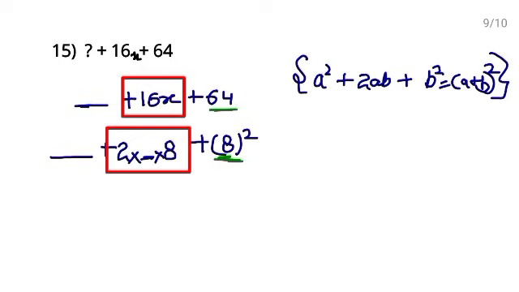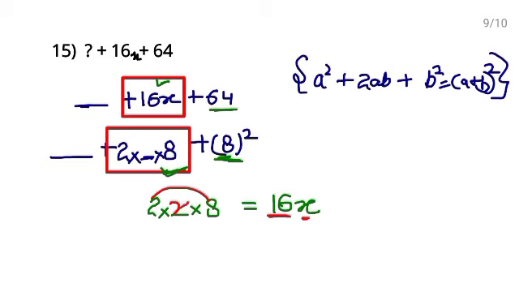So the value we got according to the identity is this, but according to the question it is this. So 2 into blank into 8 is equal to 16x. So what should be here? Because 8 2s are 16, we are getting 16. What is remaining? x. So x should be there.